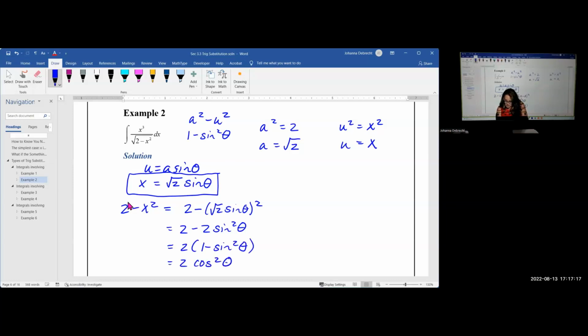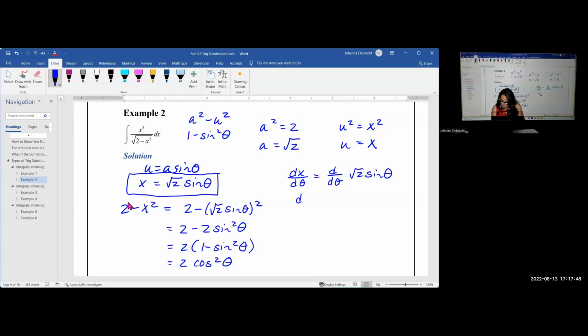So we've gone from an expression in terms of x with 2 terms to an expression in terms of theta with 1 term. This is the first thing we use our substitution equation for. The second is to replace the differential dx. So now we want to come back to the original, and we have the derivative of x with respect to theta equal to the derivative with respect to theta of the square root of 2 sine of theta.